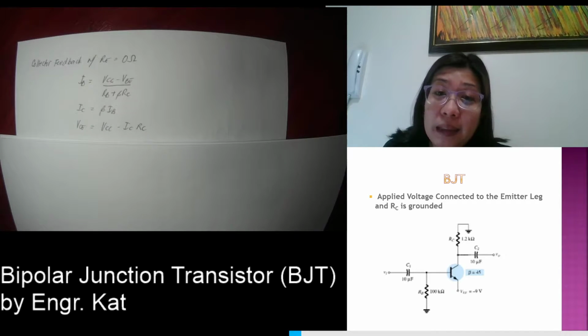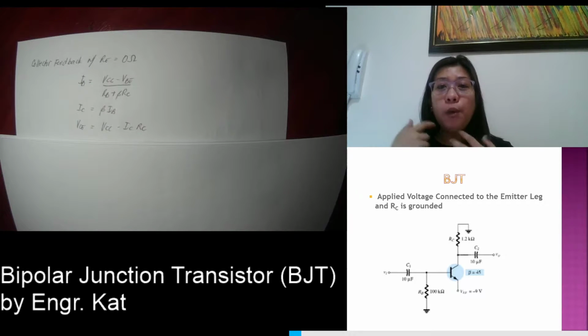So from the N type, we will be placing your negative terminal, to make your input side forward bias. That is our main concern, to make your input side forward bias. So the input side here is the base, because the source will be from the emitter, so that it will be providing a base current.